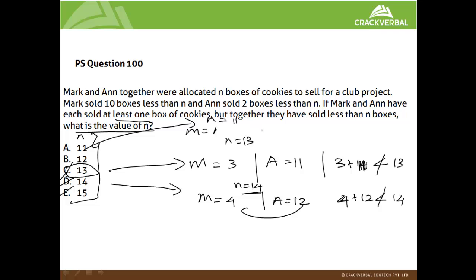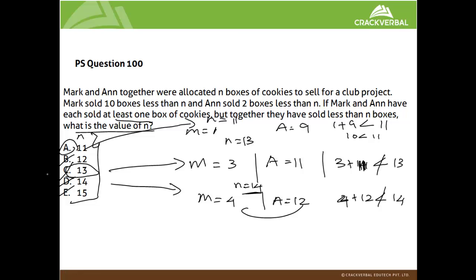Anne sold 2 boxes less, so Anne sold 9 boxes. Mark and Anne together sold 1 plus 9, which is 10, which is of course less than n, 11. So 10 is less than 11, which matches the condition. So the only option matching the condition has to be 11.